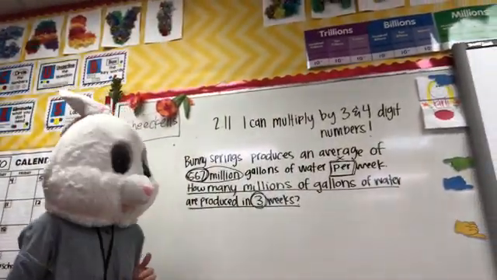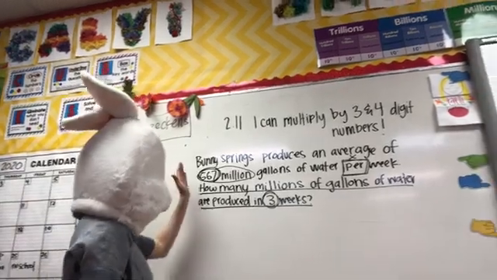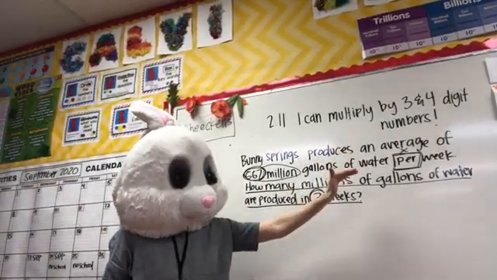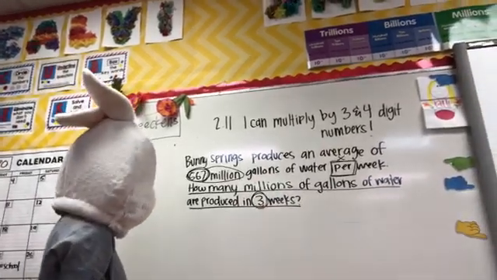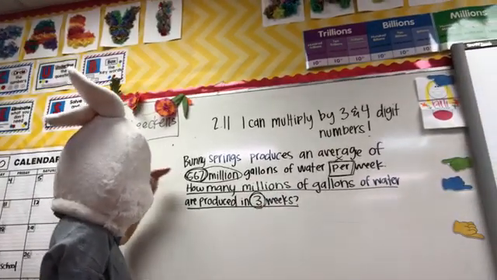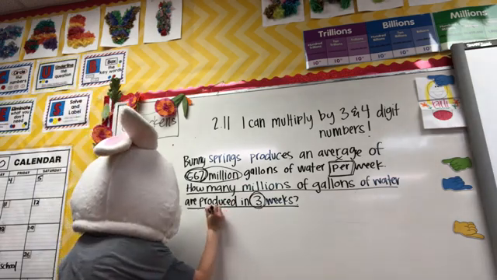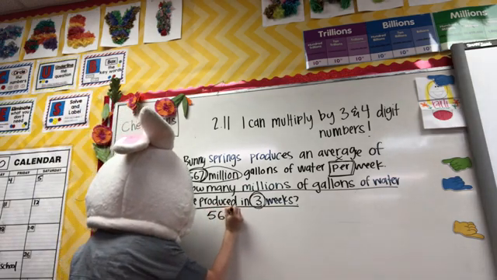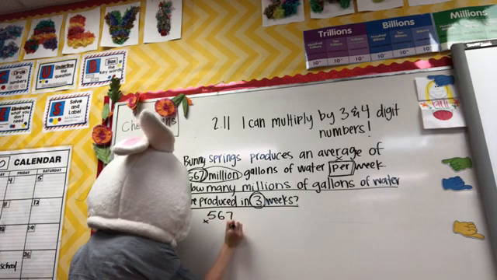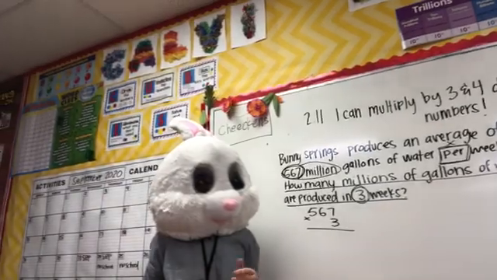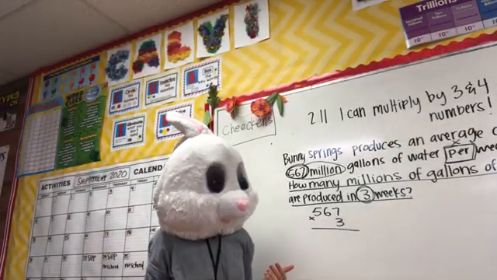So now we know that we have 567 and 3, and we know per normally means multiply. So if we have 1 week of this, we need 2 weeks of it, 3 weeks of it, we gotta times it by 3. So we're going to take our 567 and we're going to times it by 3 to see how many millions of gallons Bunny Springs produces.